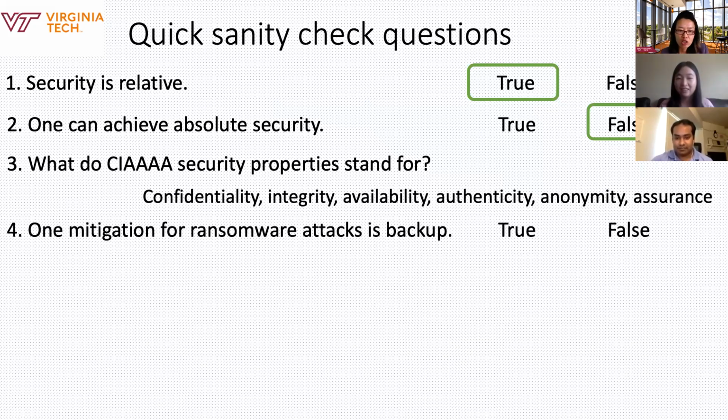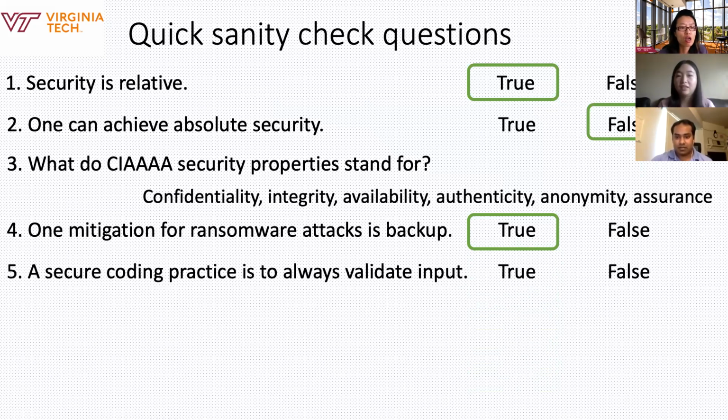One mitigation for ransomware attacks is backup. True or false? True. It's very important you back up so that it reduces the risk of having to pay ransom. A secure coding practice is to always validate input.